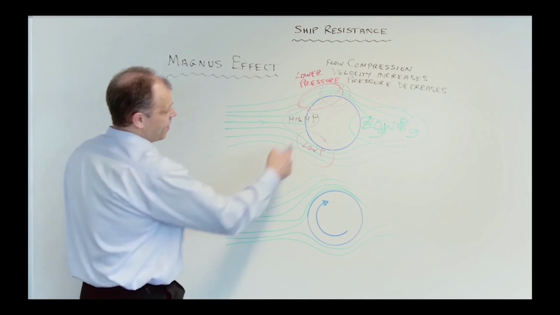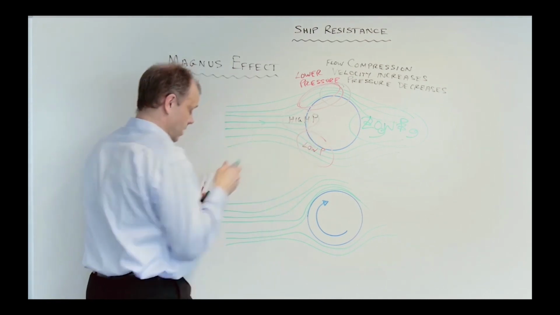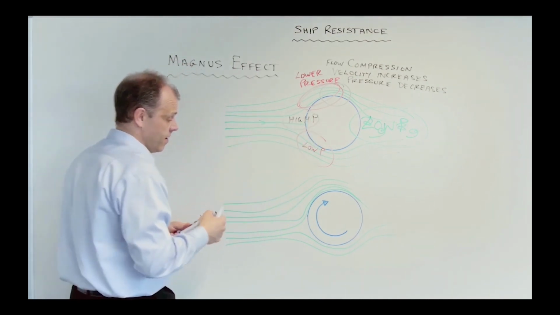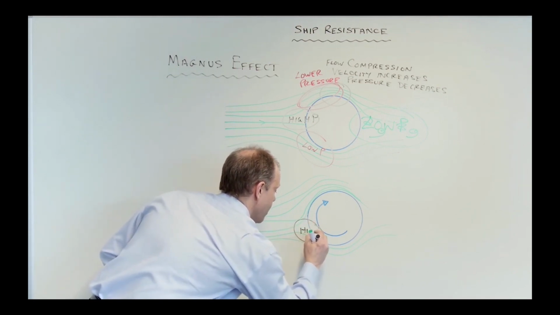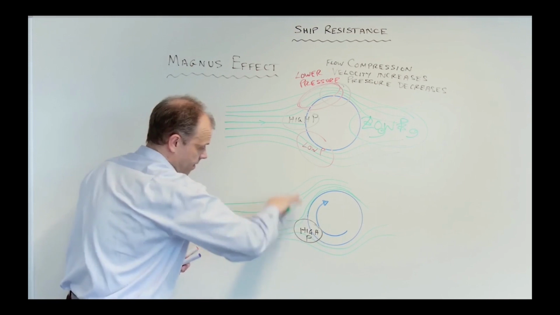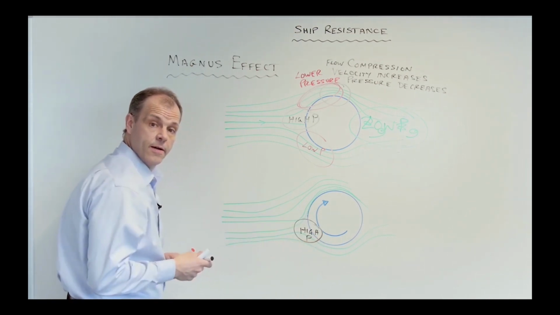And what you end up with is the high pressure, which was directly in line with the flow, is now slightly to one side.